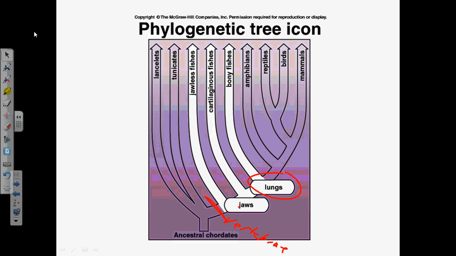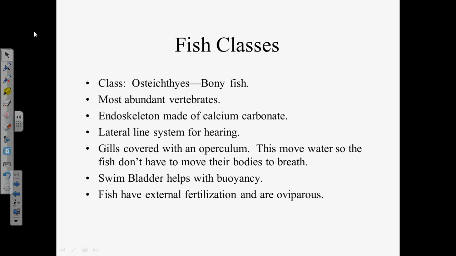So what do the fish do? What do fish do when the water's gone? They dig a hole in dirt and they breathe air until it rains again. Those are lungfish. We'll talk about them, but they think that these lungfish are the ancestors of the first land animals, which are amphibians. And we'll get to that the next time around. That's a good place to stop for right now.